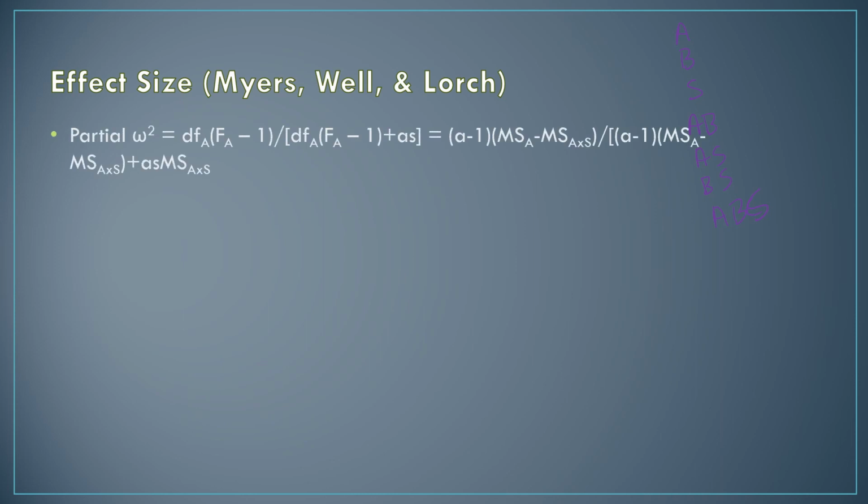So this partial omega squared is typically what is used to calculate effect size for these within subject designs. And it's really helpful to use this one because it's calculating the effect of each one of the factors, so each one of the effects independent of others.